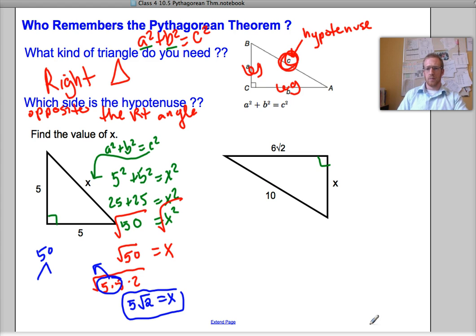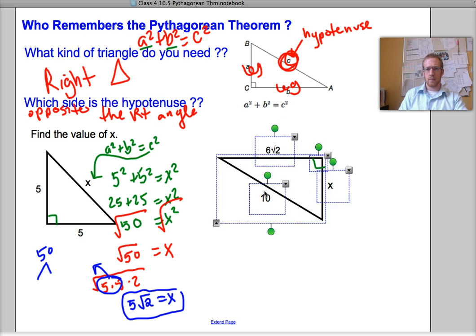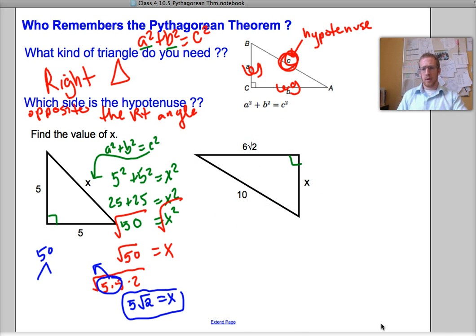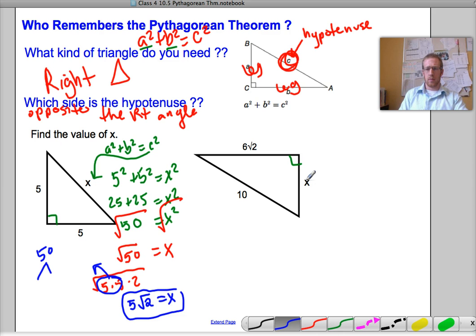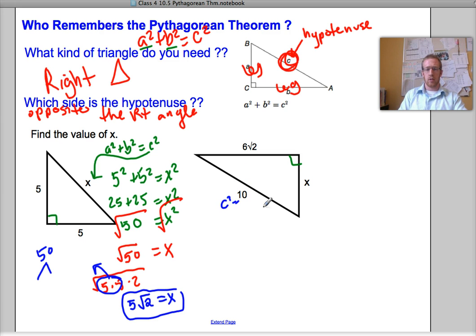Alright, so now our variable is one of the legs. So 10 is our c, that's our hypotenuse. So if I'm doing a squared plus b squared equals c squared, then I'll call this a, and I'll call this b.